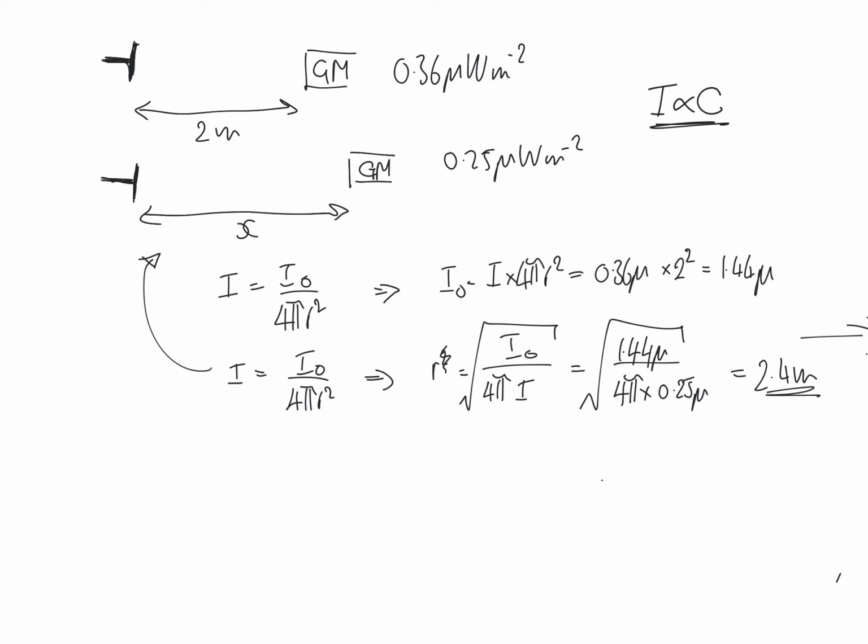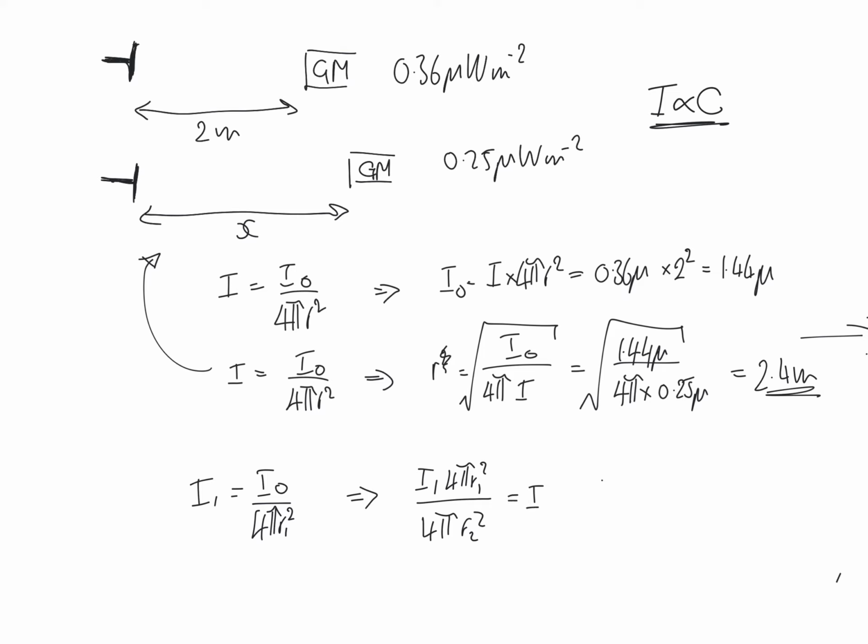Good. Well, there might be another way in which I can do it. I can say that I1, which equals I naught over 4 pi R1 squared, when I rearrange that algebraically, I1 4 pi R1 squared is I naught, and therefore I divide that by 4 pi R2 squared to give me I2.